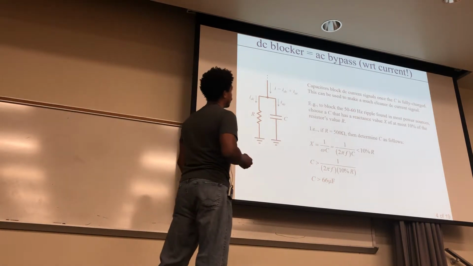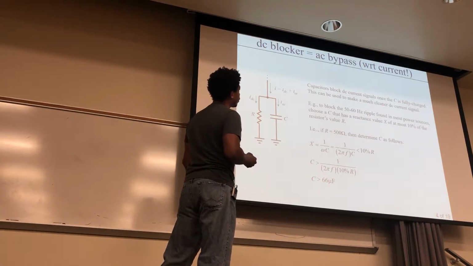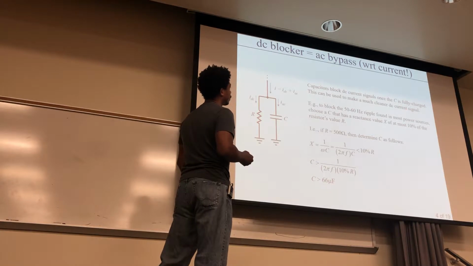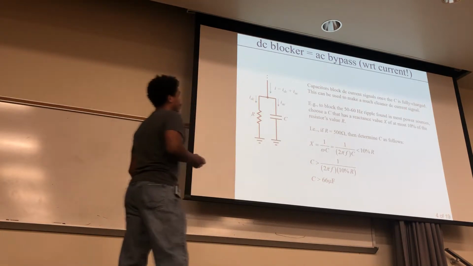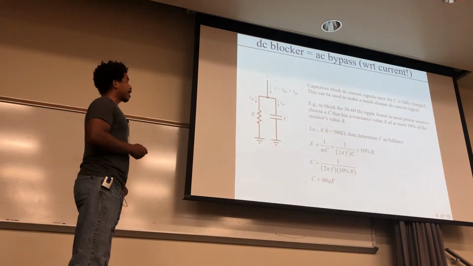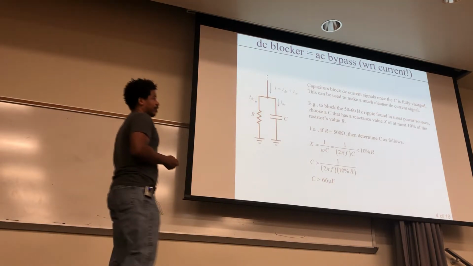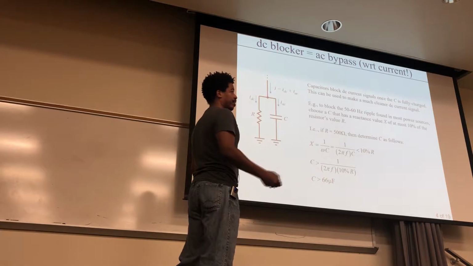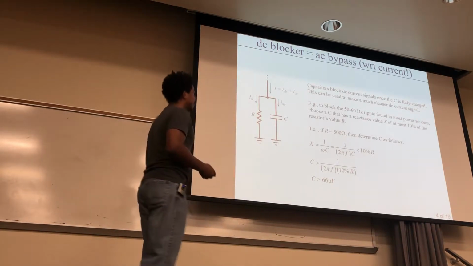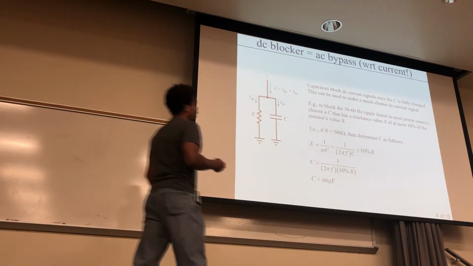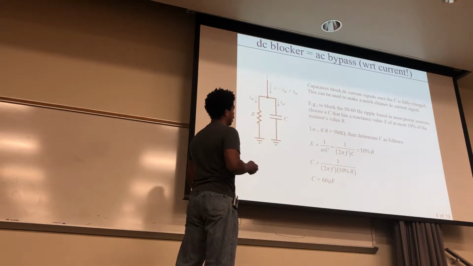This could be used to make a much cleaner DC current signal. And here's an example. If you want to block the 50 to 60 hertz ripple that's found in all these outlets right here, there's this ripple found in these AC outlets.